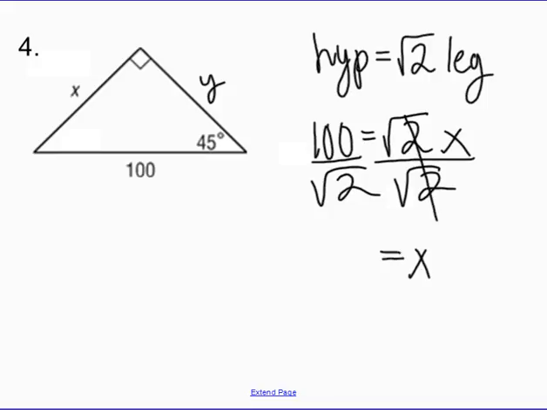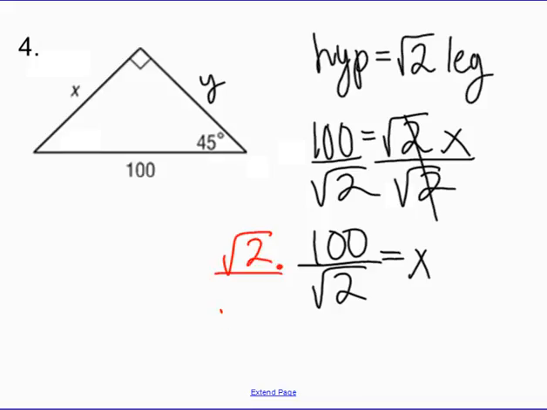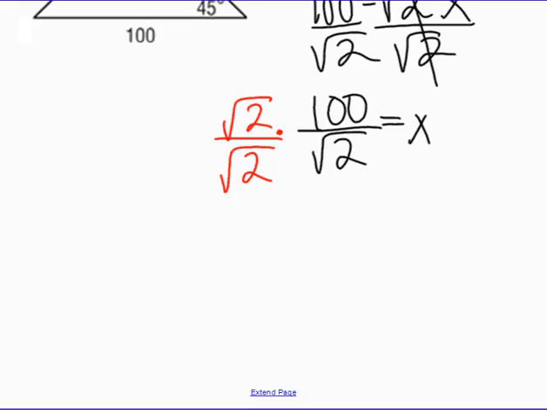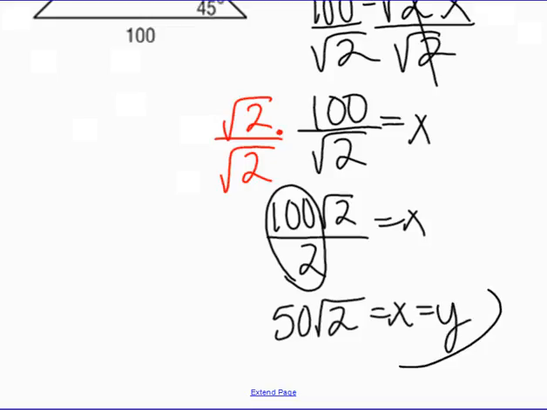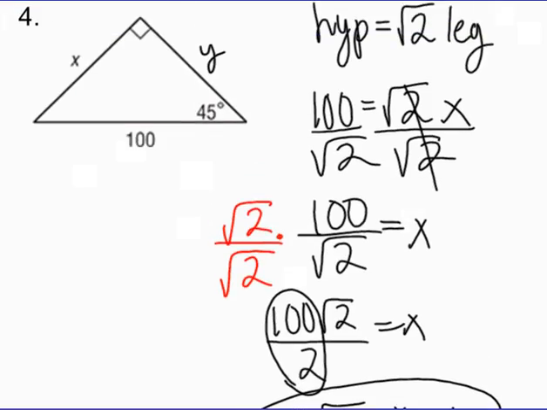So I get x is 100 divided by radical 2, which looks disgusting because of the radical in the denominator, so I'm going to rationalize it by multiplying by a fancy looking 1, multiply across, I get 100 radical 2 all over 2. Now before you circle that, you can reduce. 100 divided by 2 is 50, so 50 radical 2 is x and y because the legs are the same.